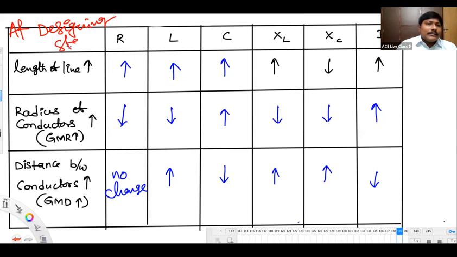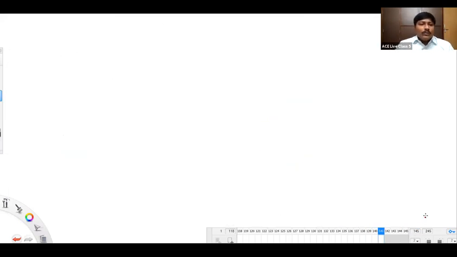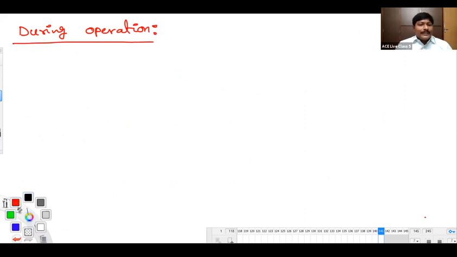Designing stage. Now let's call during operation. During operation, tell me please.